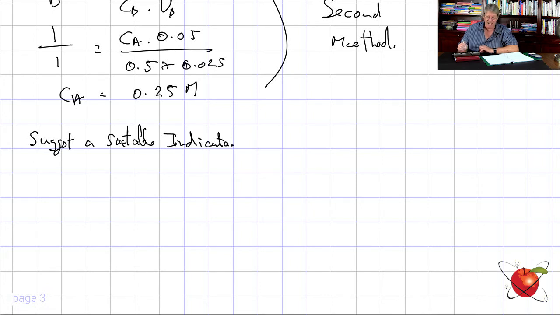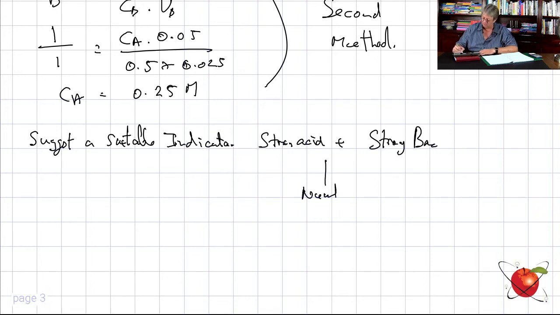We mixed NaOH, so we mixed a strong acid plus strong base. Therefore, we're going to end up in the neutral zone, which means I'm going to suggest, which one? Bromothymol blue.